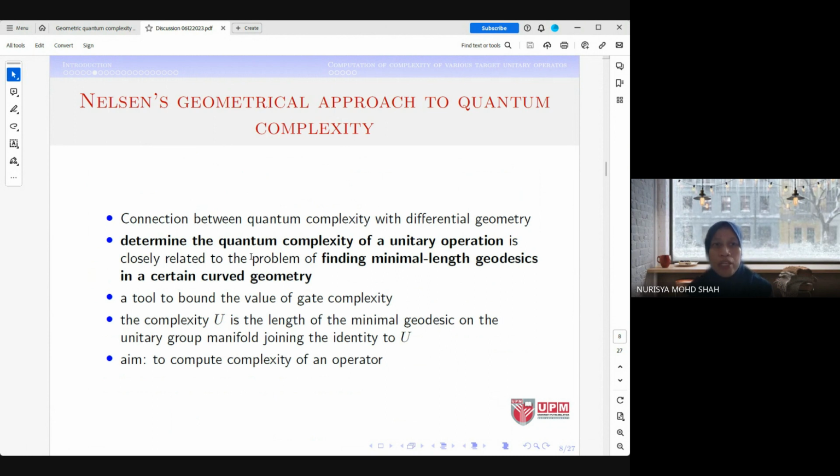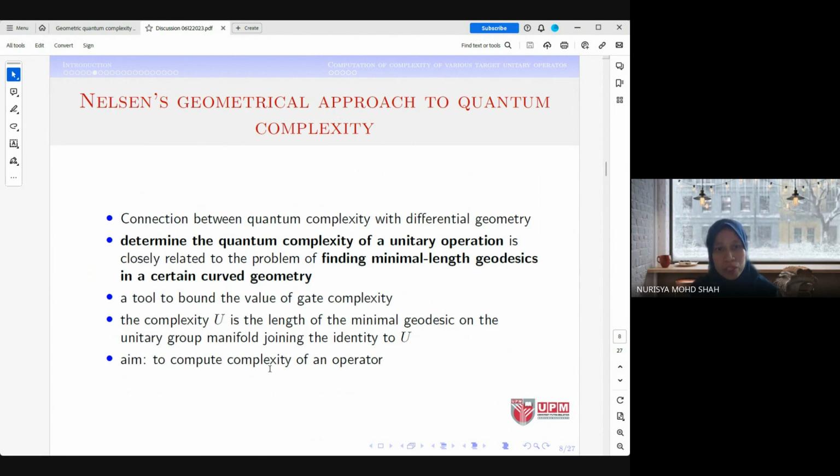That is closely related to the problem of finding minimal length geodesics in a certain curved geometry. So we should assume having some geodesic equations. It's a tool to bound the value of gate complexity, and the complexity of U is the length of the minimal geodesic on the unitary group manifold joining the identity to U. Maybe in detail, this has to be read further.